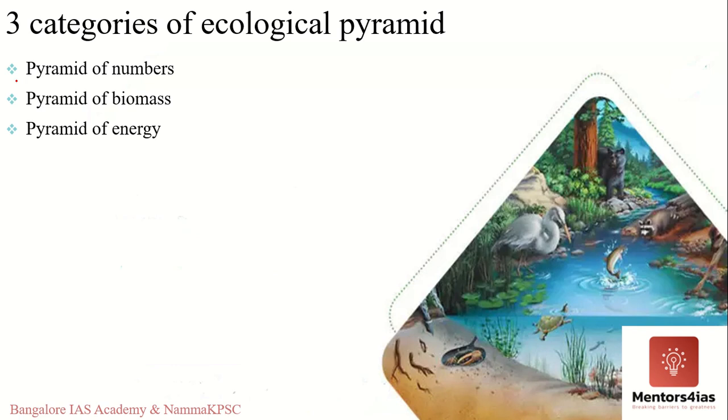Next we look into the three different types of ecological pyramids. We have the pyramid of numbers, the pyramid of biomass, and finally the pyramid of energy. We will go through each category, starting with the pyramid of numbers.